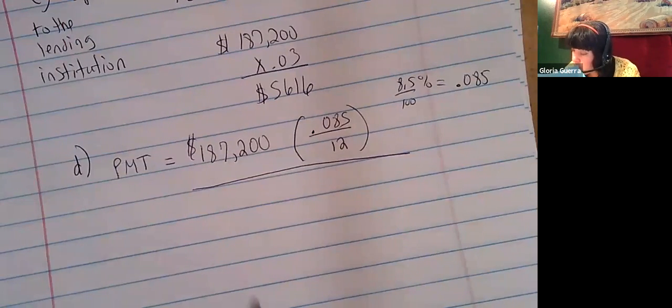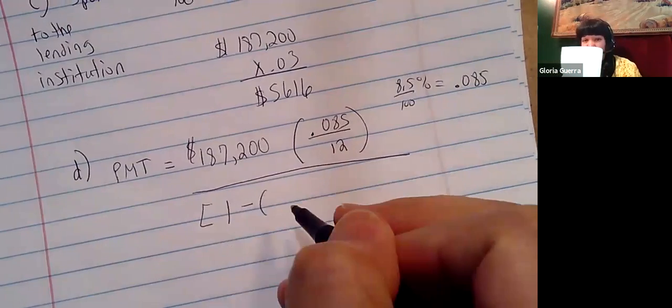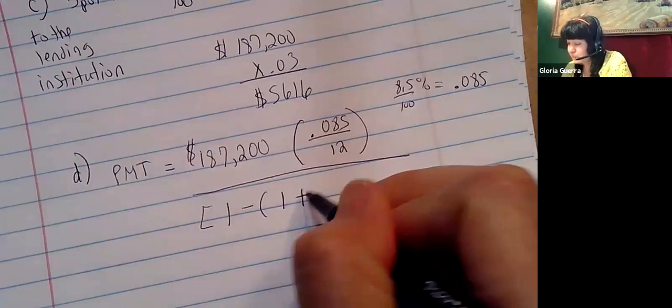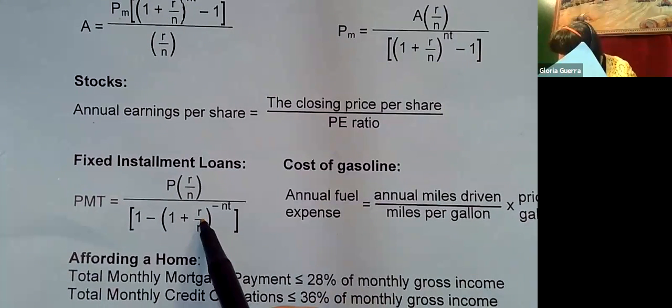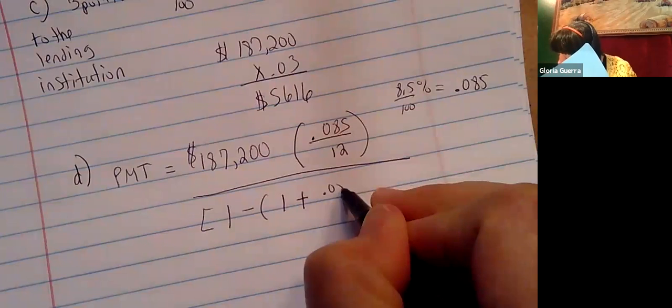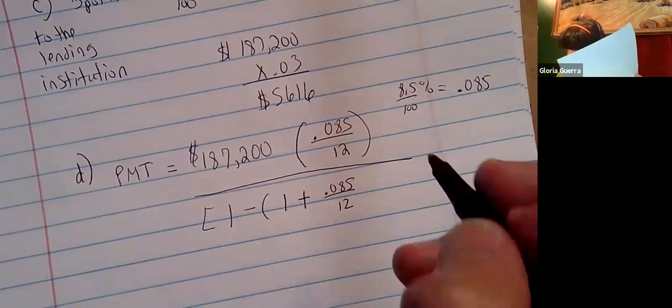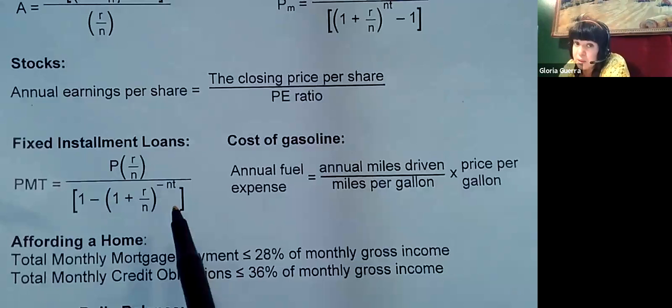And then on the bottom, you have 1 minus 1 plus your rate, so 0.085 divided by 12, close parentheses, and then it's the negative, see? Negative NT.